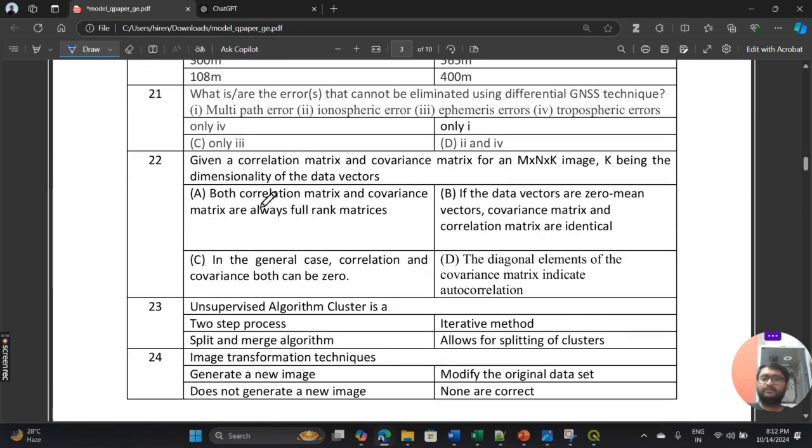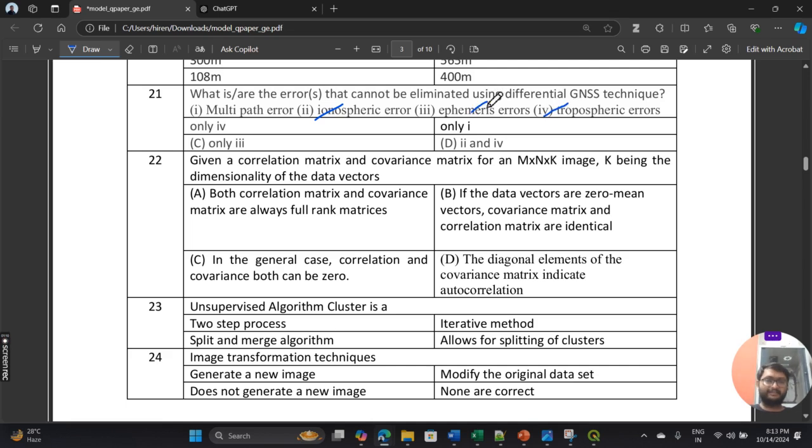Okay, this is GNSS. What are the errors that cannot be eliminated using the differential GNSS technique? What we learned during that time is that if the error is the same between two observations, we can remove it using differential GPS. If we have fixed receivers at two locations, the error in the atmosphere related to the ionosphere and troposphere we can resolve easily.